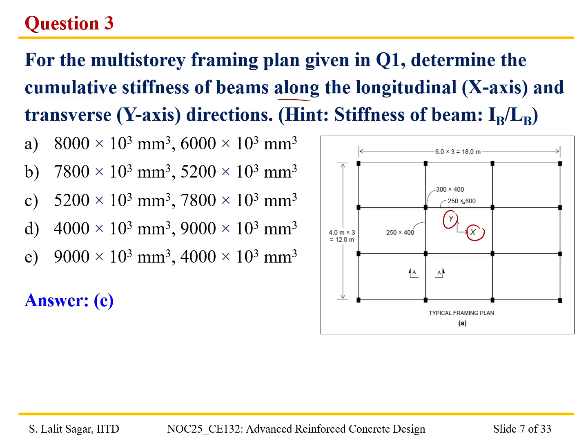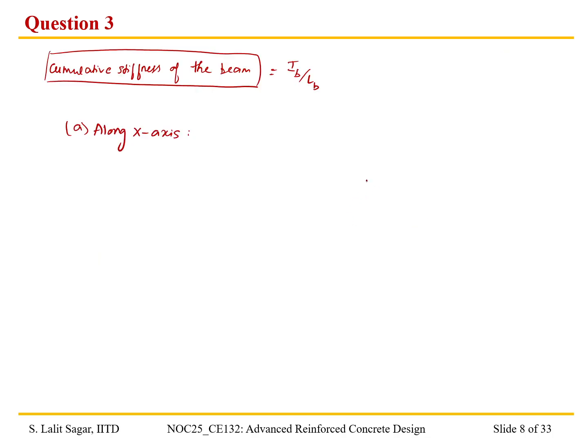So you can say that these are the primary beams and these are the secondary beams because the depth is 400 millimeter. So IB would be 250 by 600 cube divided by 12.